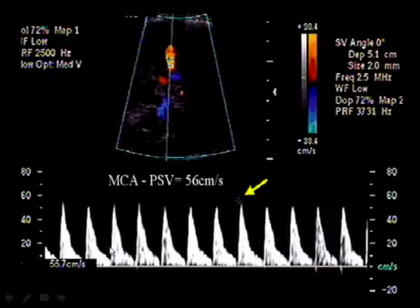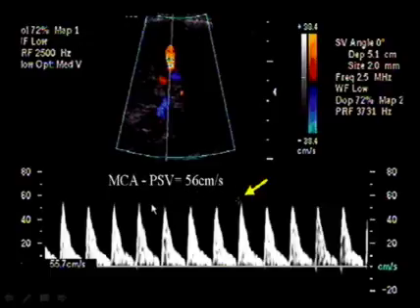Here you can see flow velocity waveforms of the middle cerebral artery. To the question, what is the blood velocity in systole, it is actually the peak systolic velocity, which is the highest point of the waveform, which in this case is equal to 56 centimeters per second.